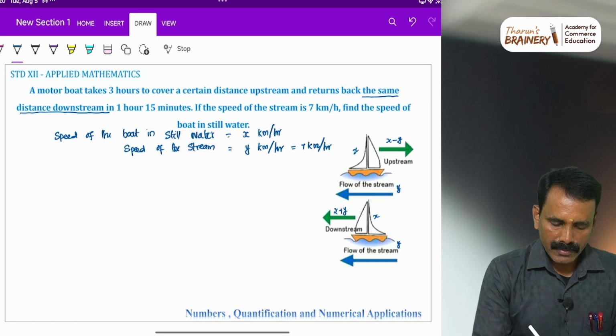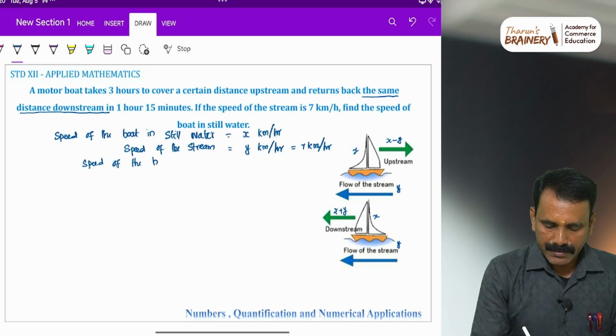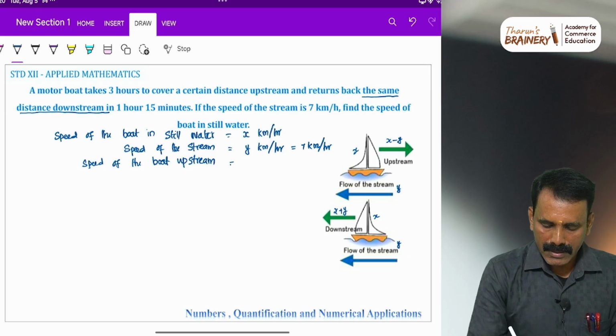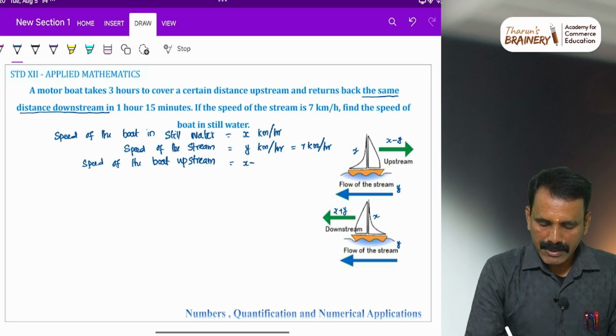Now speed of the boat upstream, it is x minus y km per hour.